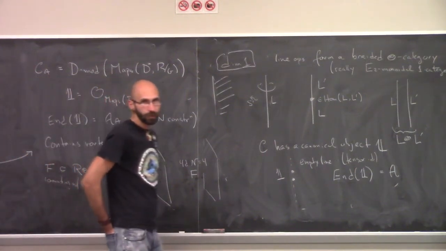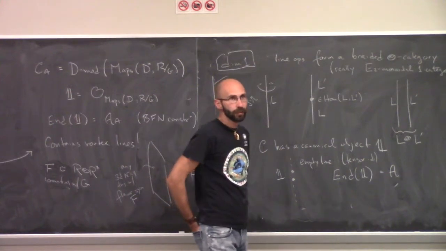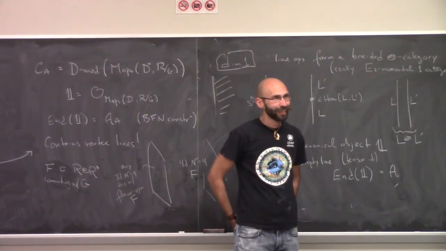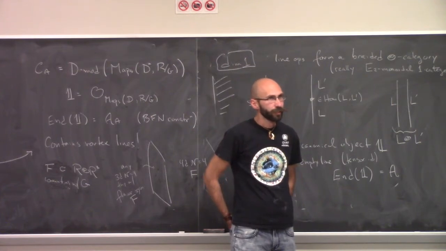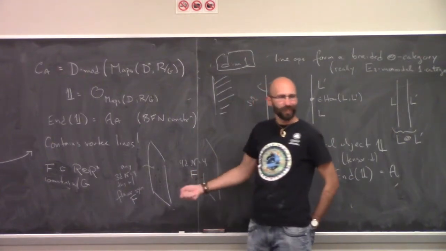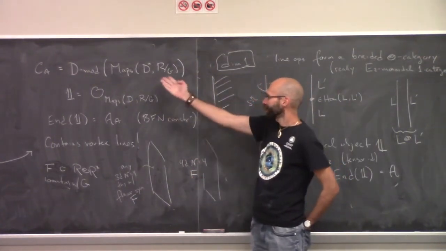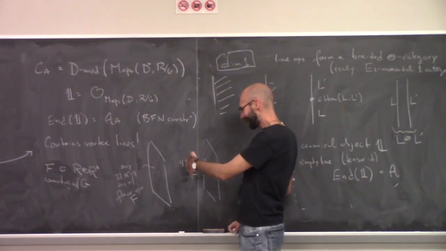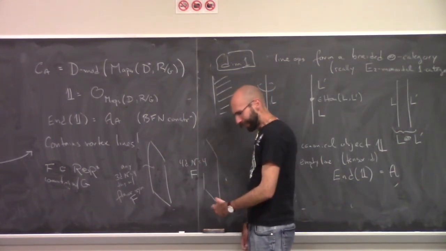Well, if you talk about a Wilson line or something like that, you can decorate by a representation, which doesn't have to be the adjoint, right? Yes, agreed.